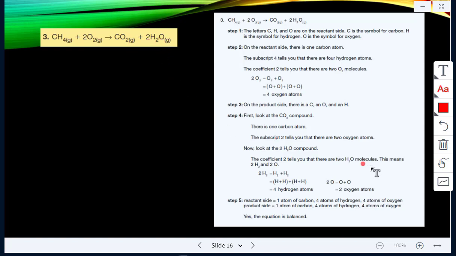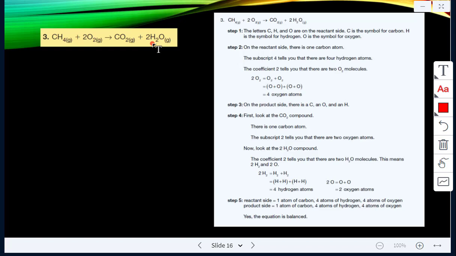So therefore, there's a total of 4 oxygen atoms. And next, let's look at hydrogen. Hydrogen, there's a coefficient of 2 and a subscript of 2, so that means there are 4 hydrogen atoms. All right, so that's our total.